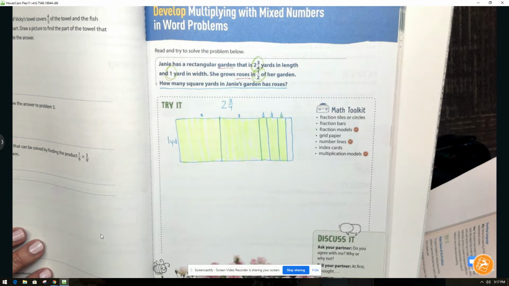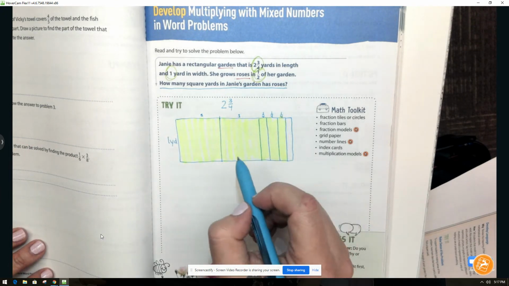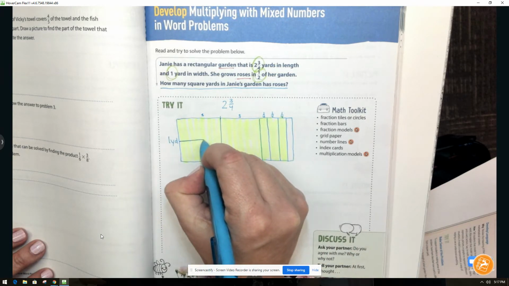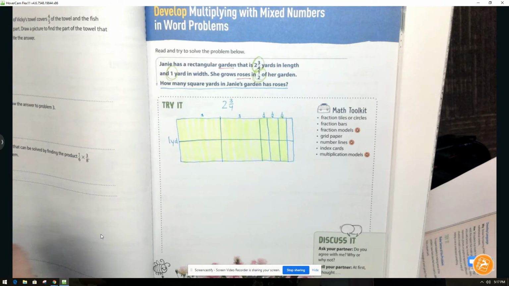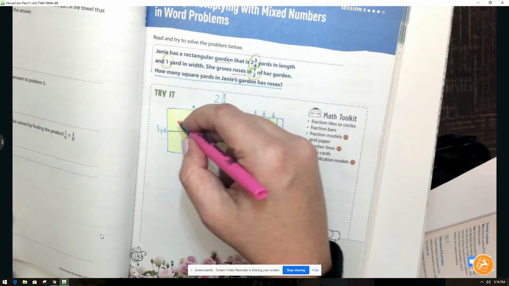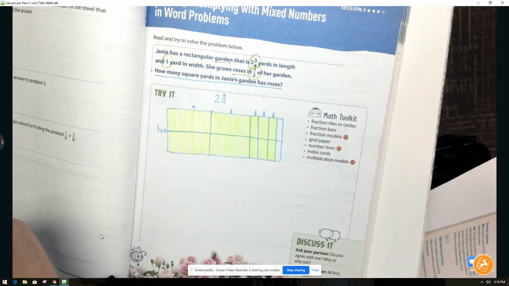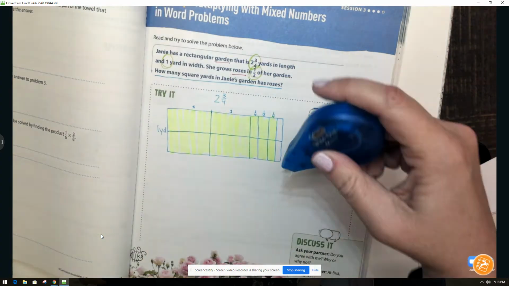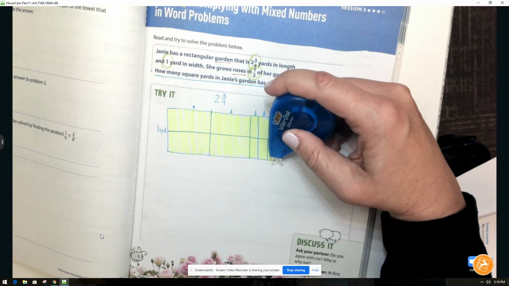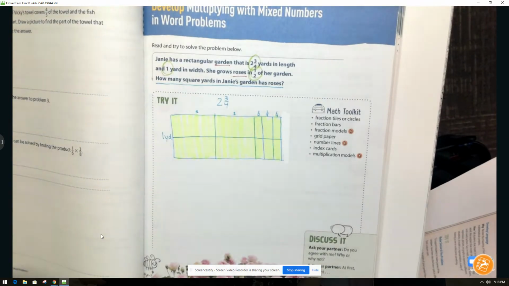Now, we know that half of the garden is covered in roses. So I'm going to make that pink. And this is 1/2 of the entire garden. Now the garden stops. I want to show you guys. I'm going to erase this part of the garden because that's where the garden stops. Okay, there we go. All right.